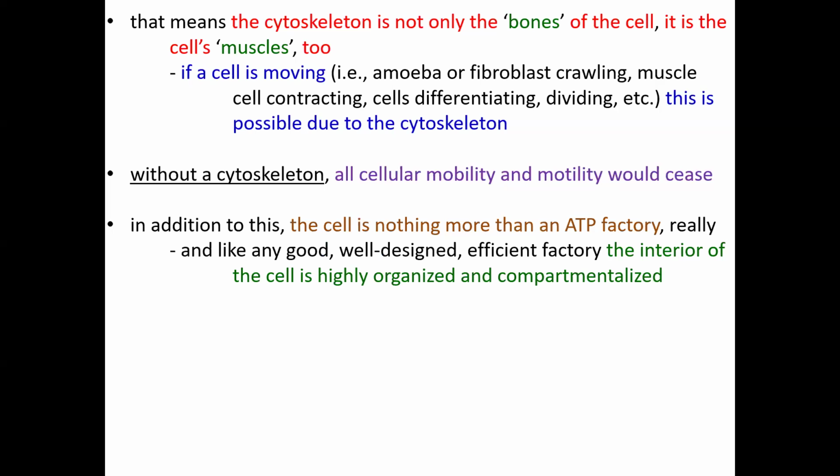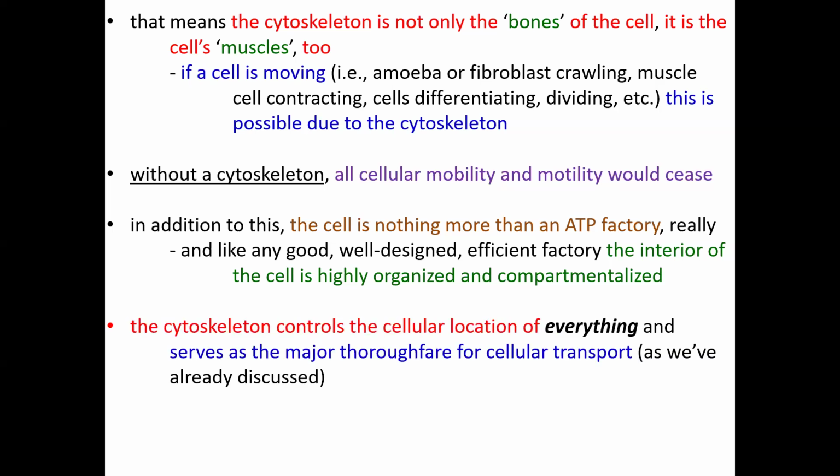Like any good, well-designed factory, even a cellular factory for making ATP, the interior of the factory needs to be very compartmentalized and organized so that things can occur in a very systematic way, and such is the case for the cell. It's the cytoskeleton that controls that compartmentalization and that organization. The cytoskeleton is responsible for everything in the cell being in its right place.